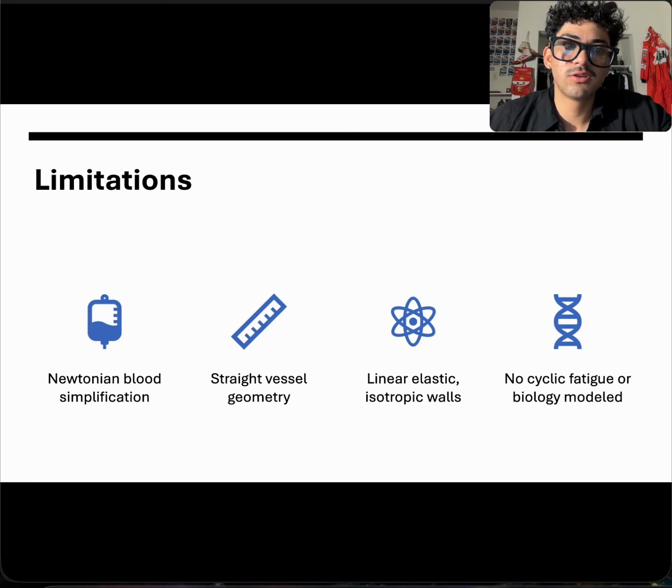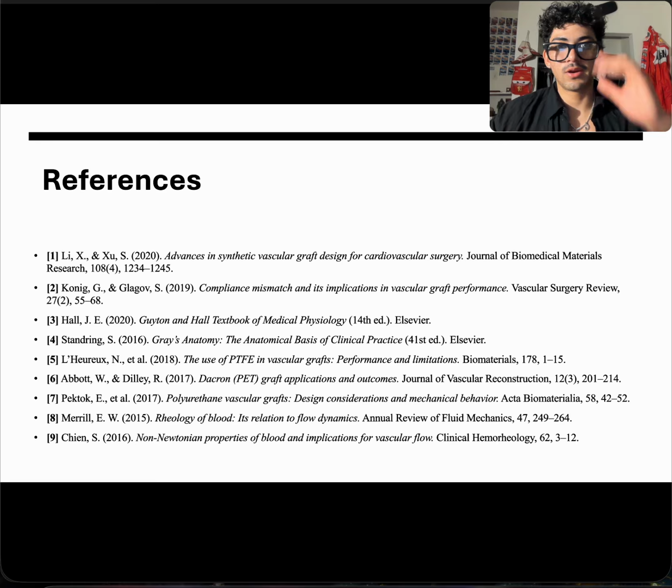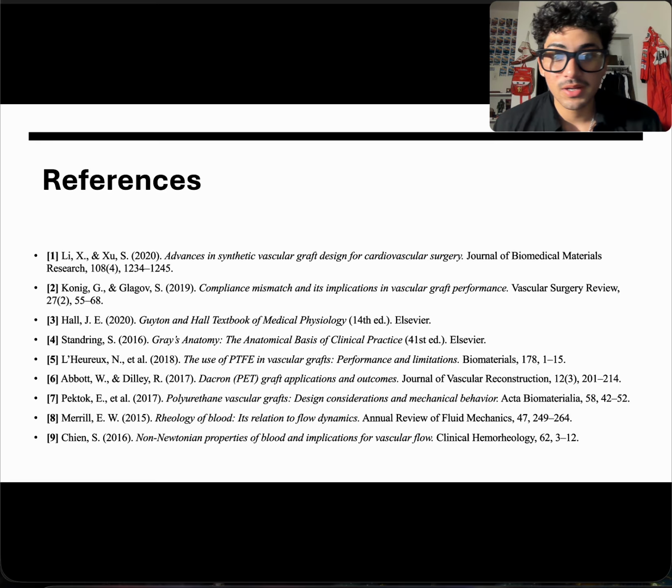I also did not include cyclic fatigue or biological processes like thrombosis, remodeling, or endothelialization. These factors could shift absolute numbers, but the comparative trends across materials and lengths are still highly informative for early stage design decisions. Here are my references, but we could talk about some future work.